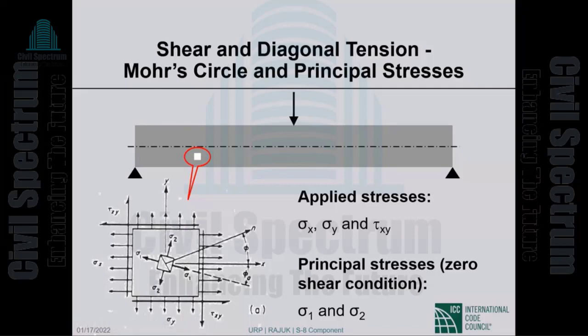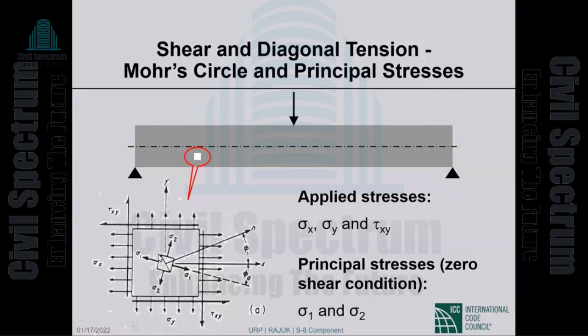The shear stresses are the same. So the applied stresses, if we may call them that, the stresses caused by the applied load, are sigma x in the x direction, sigma y in the y direction. The x direction is indicated clearly, the y direction is indicated clearly, and tau xy. If you pick any element at random, this is what you have. You have bending stresses and shear stresses.